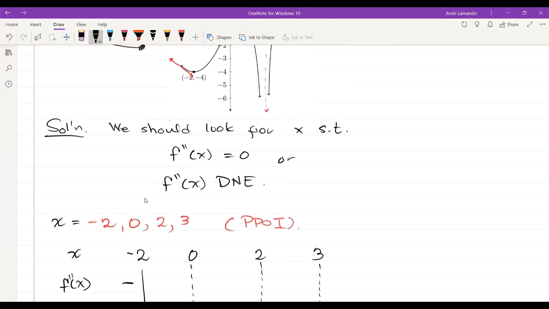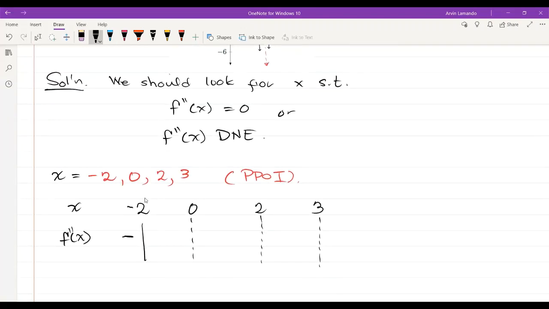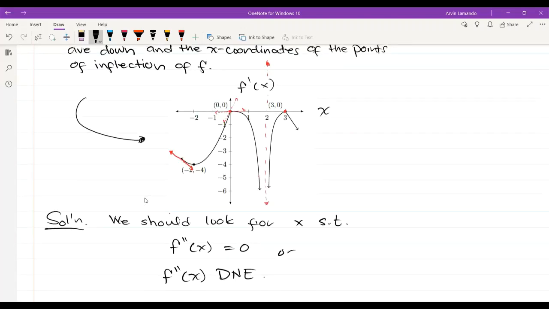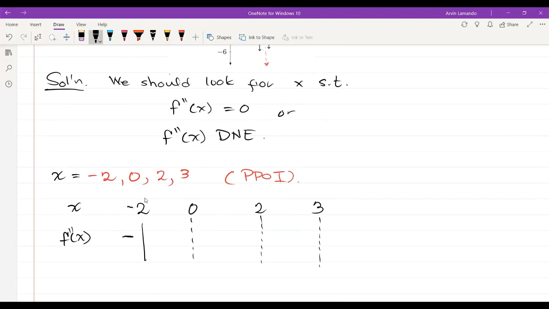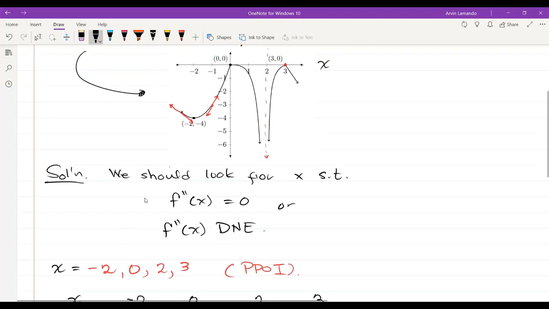When x is greater than -2 but less than 0, the tangent lines have positive slopes. Therefore, f double prime of x is positive in this interval.